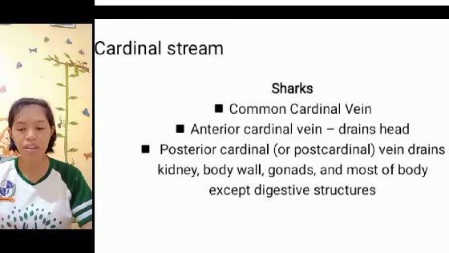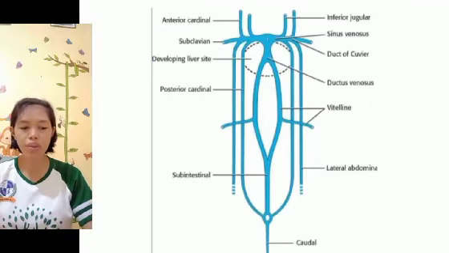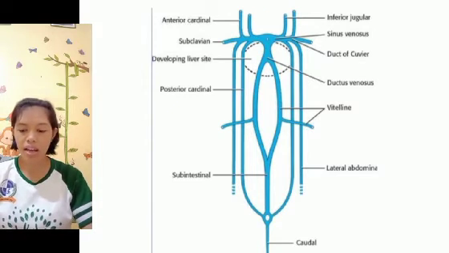So it receives all of the blood. Also, everything in the posterior or lower part goes to the common cardinal vein and is received in the sinus venosus, where our heart is located.